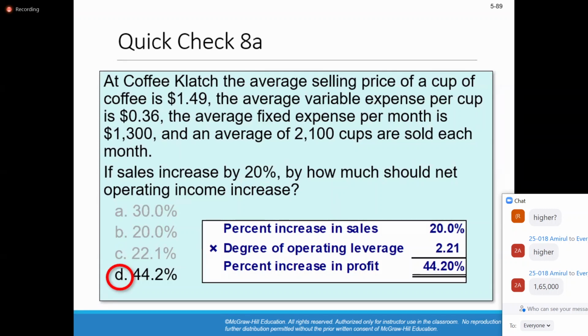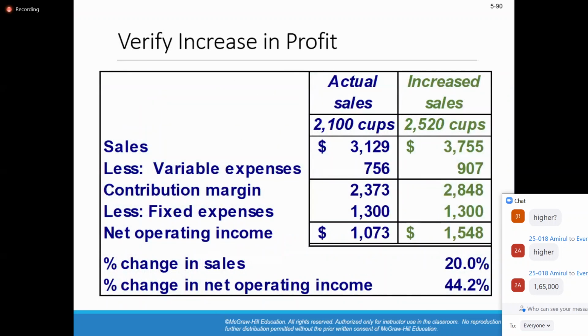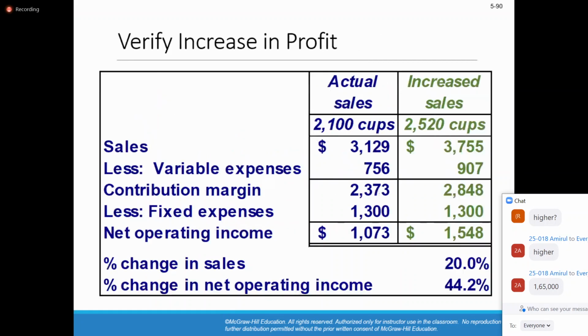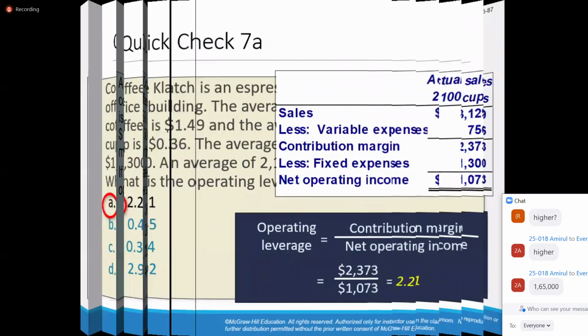There is one caveat. Remember, this is verification. What is the caveat here?